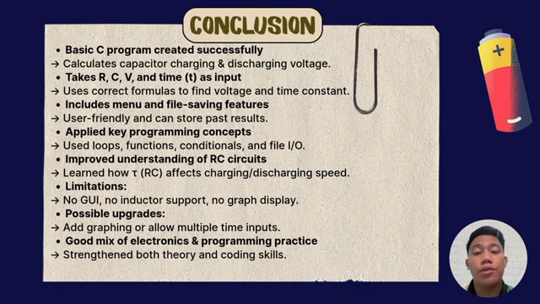The next point, the program applies the correct formulas. It calculates both the voltage at a given time and the time constant RC. Besides that, it includes a simple menu and file saving feature. This makes it user friendly and allows storing results for future reference.